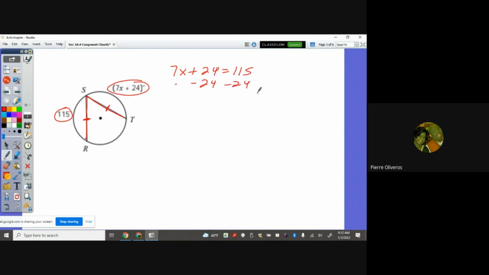That will give us 7x equal to 91, right? And divide by 7, x is equal to, 91 divided by 7, it's 13. Kaboom.